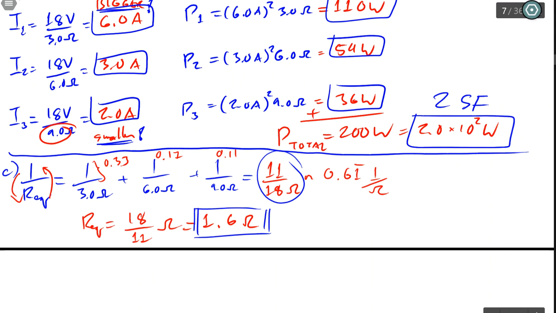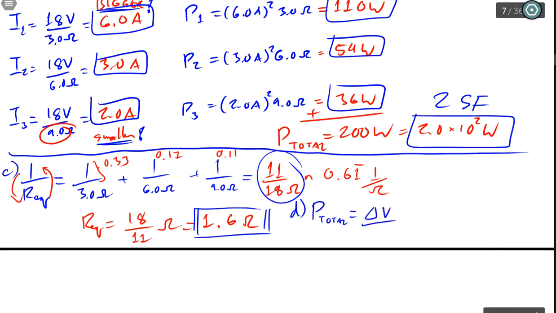Okay, so let's see if this answer is equivalent to the power that we'll get by solving here. I might just have enough room right here. So power, total power. I have to use a different formula, actually.